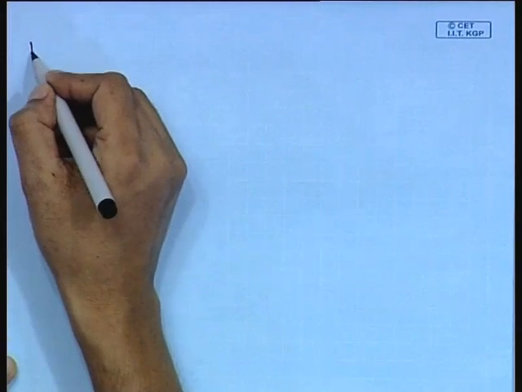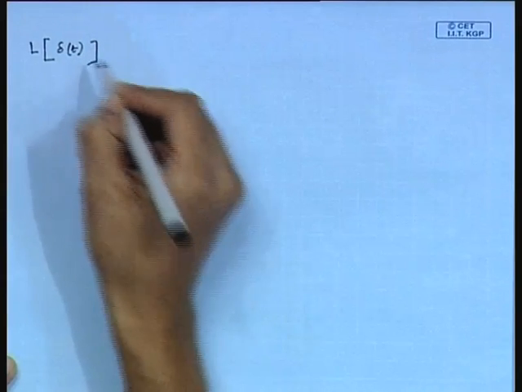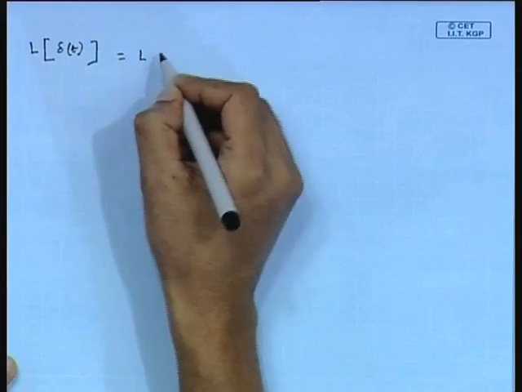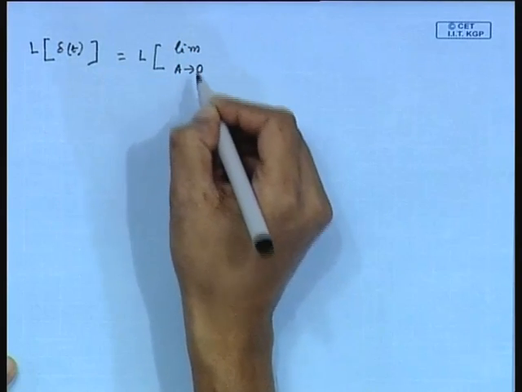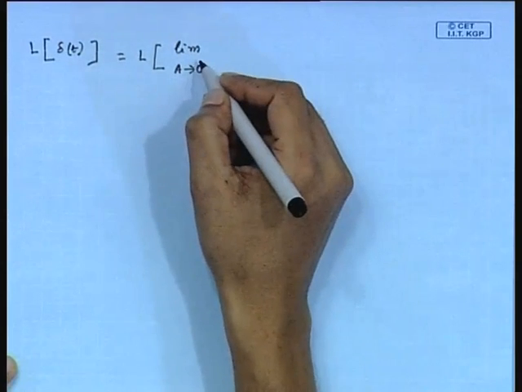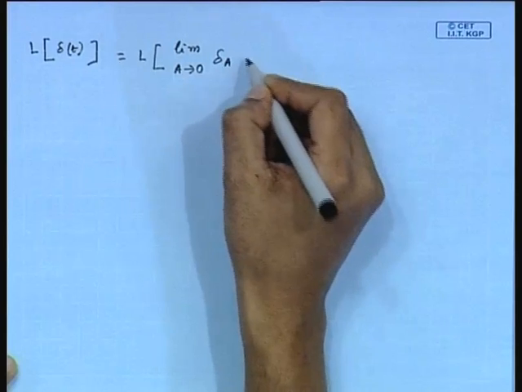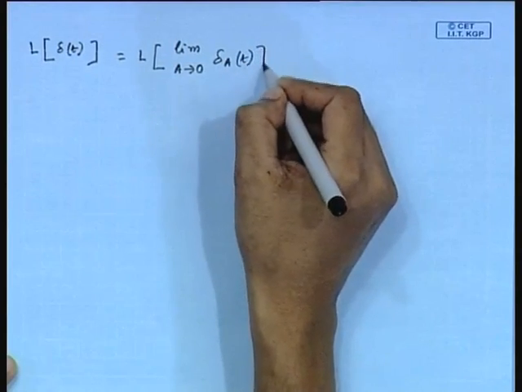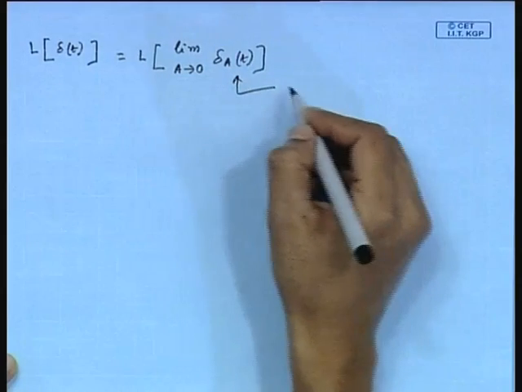Now, what will be the Laplace transform of this unit impulse function? The Laplace transform of delta(t) equals the Laplace transform of the unit pulse function in the limit a tends to 0.